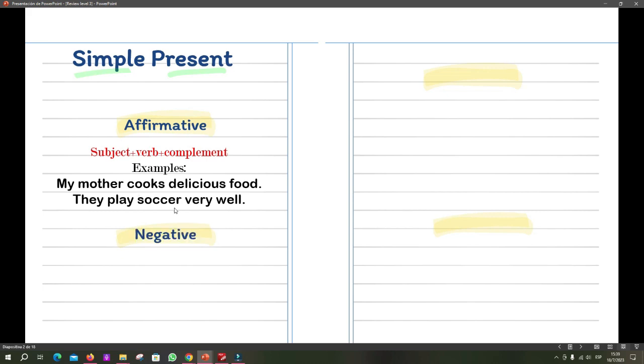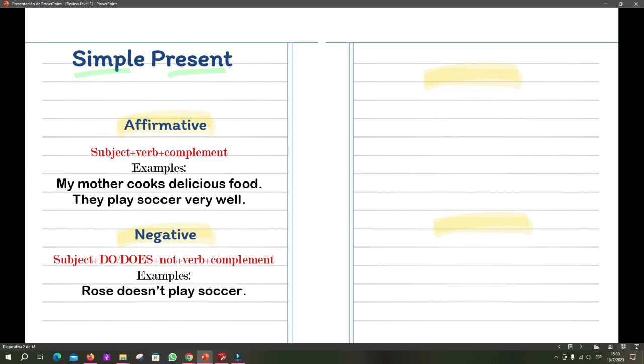So, what about the negative form? First of all, you're going to have the subject, do or does. It depends on the subject that you have there, right? Plus the word not, plus the verb, and also the complement. For example, Rose doesn't play soccer.